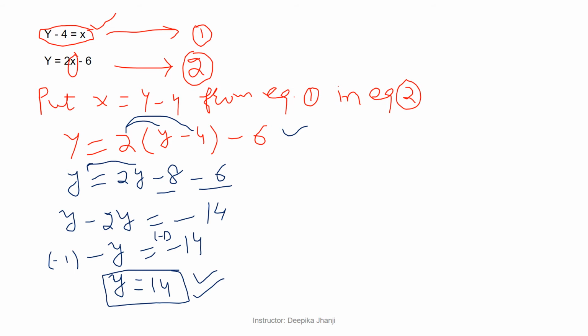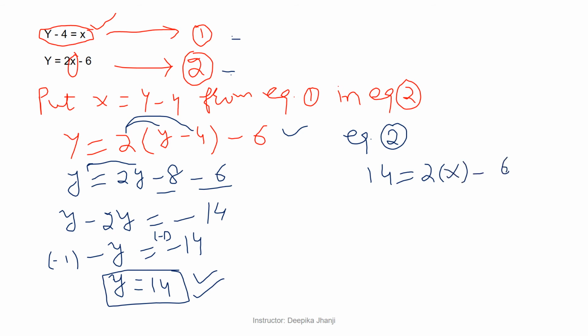Now I'm going to plug in this value of y in any of the equations. So you can pick equation 1 or equation 2. Let's pick equation 2. So in equation 2, when we plug in the value of y, this becomes 14 equals 2 times x minus 6, right?